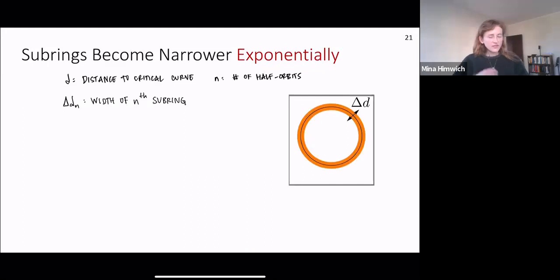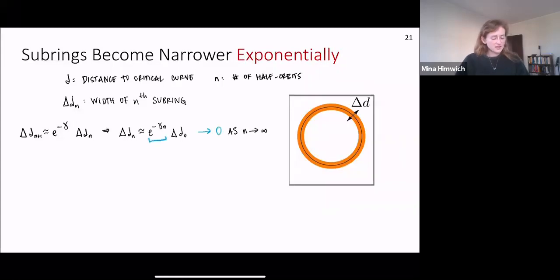And if we introduce a parameter d that describes the distance to the critical curve on the screen, and a number n that describes the number of half orbits that the photon executes, we can think about the width of the image that corresponds to the nth subring, or the photons that execute n half orbits. And what we find is that the width of the photon ring corresponding to the photons that execute n+1 half orbits is exponentially narrow compared to that of the image of the photons that undergo n half orbits.